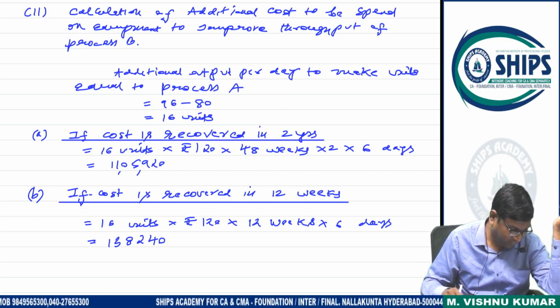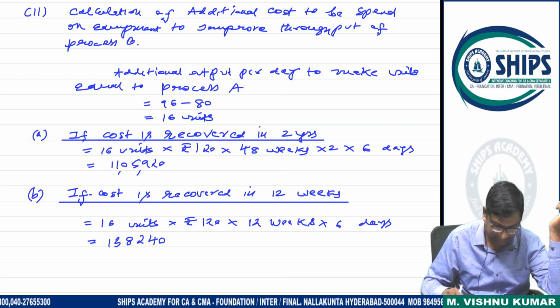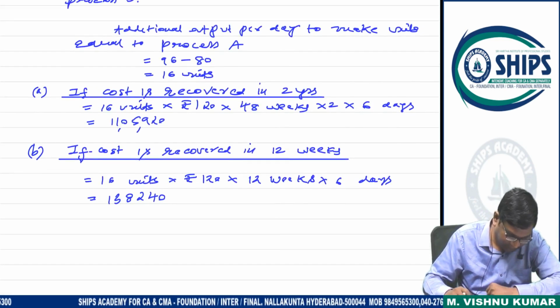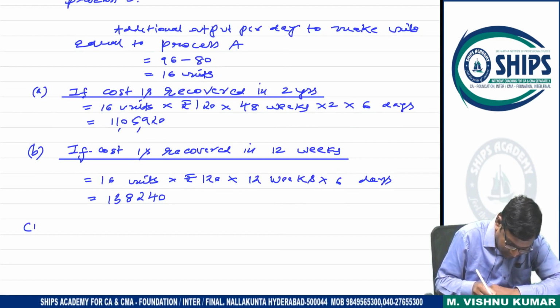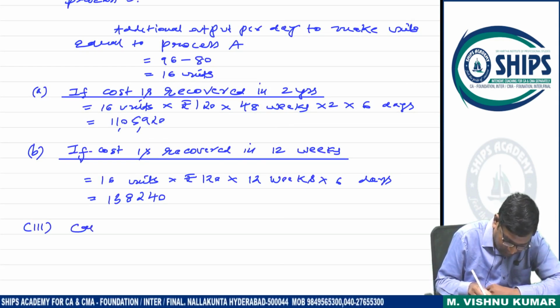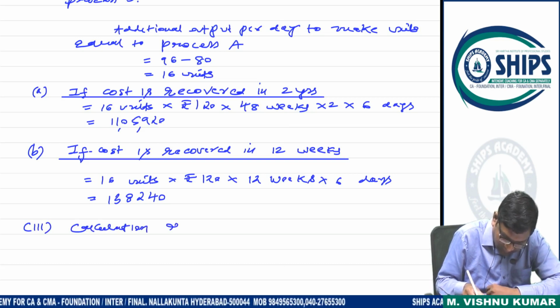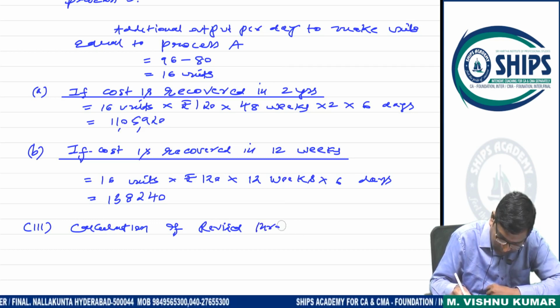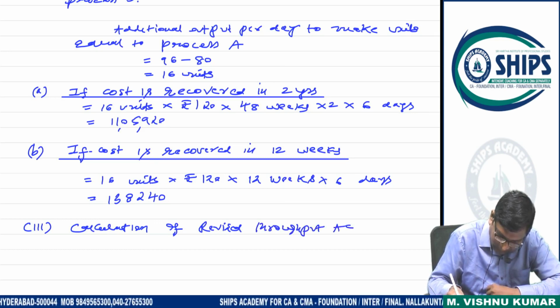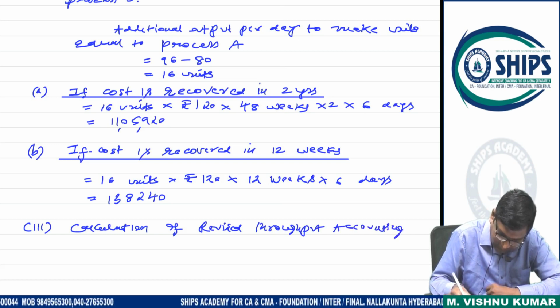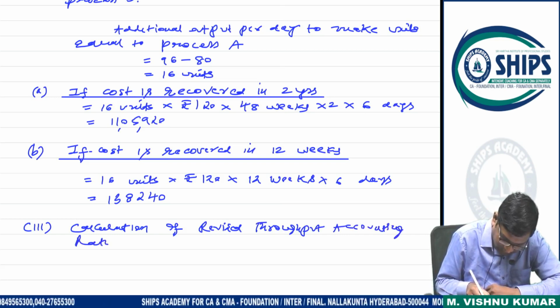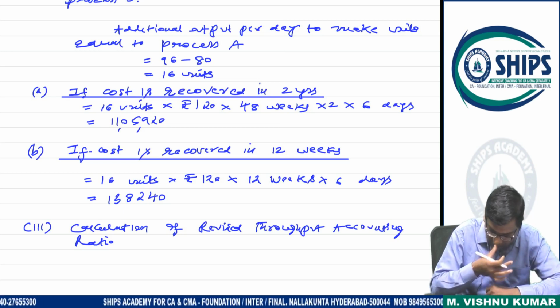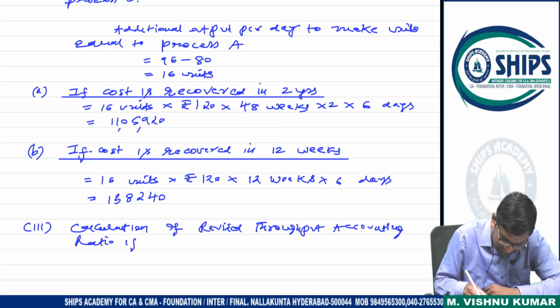Next is to calculate the revised throughput accounting ratio if this money is spent. Third answer. Calculation of the revised throughput accounting ratio if money is spent.